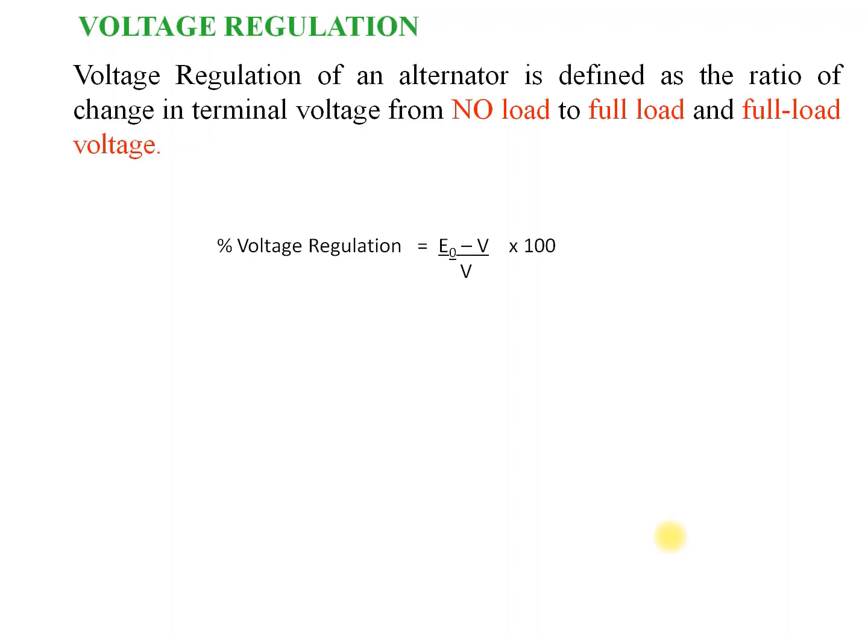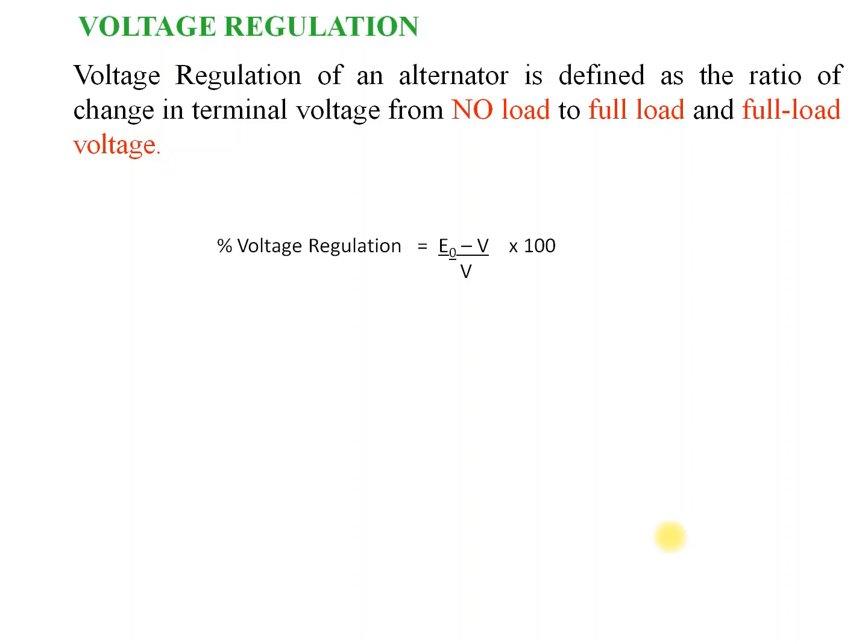If that device is at no load, the voltage will be full, but if that device is at full load, then the voltage will drop. How much voltage has dropped due to that particular loading condition will be measured by the parameter called voltage regulation.